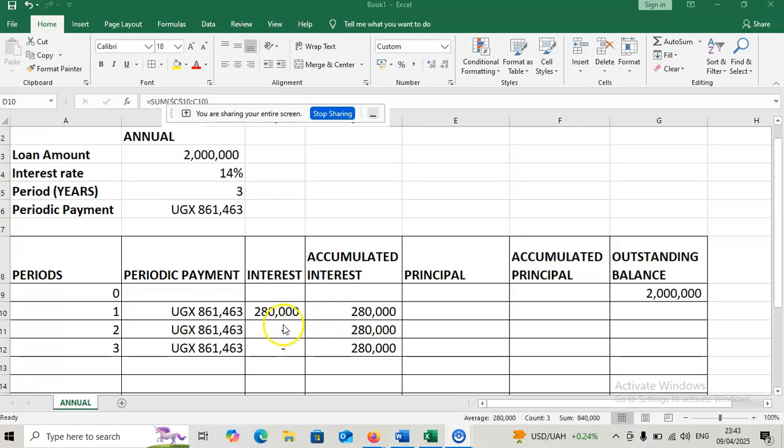Since we have the interest and the periodic payment, now I want you to look at these values. Our accumulated principal is repeating itself because this formula is supposed to add on.